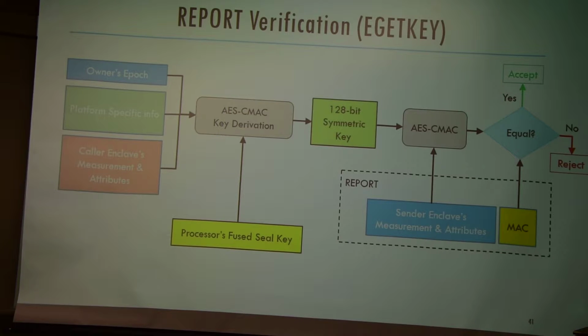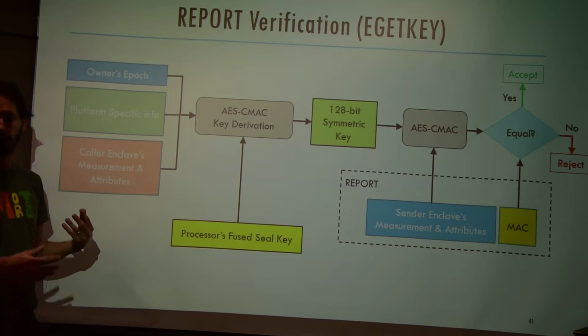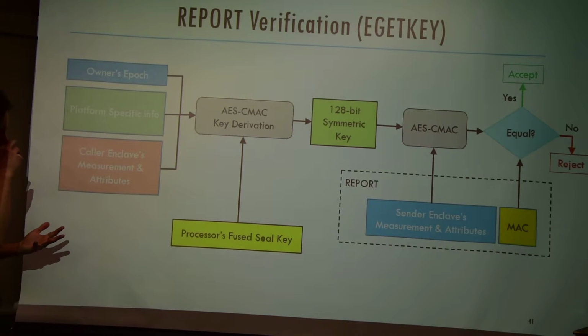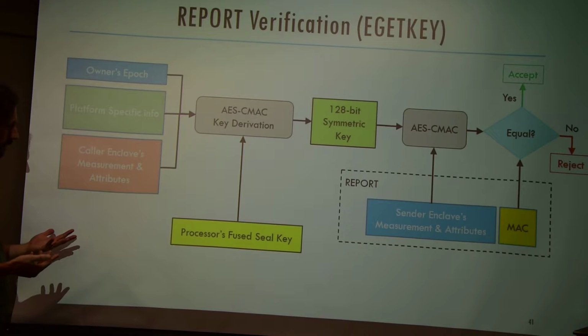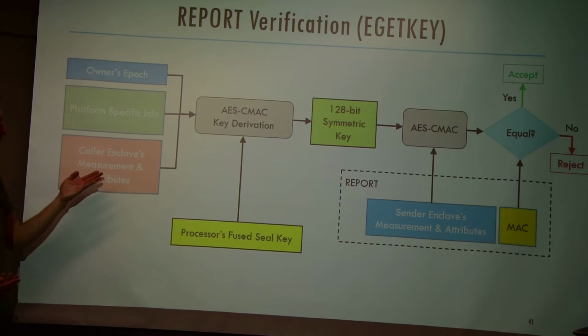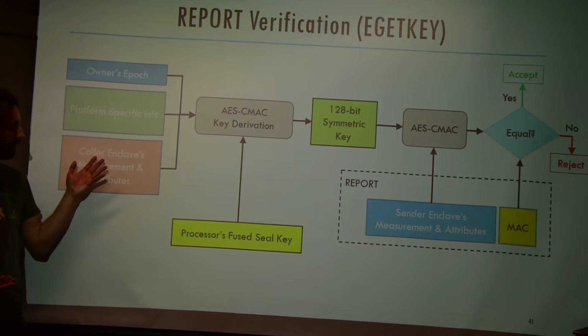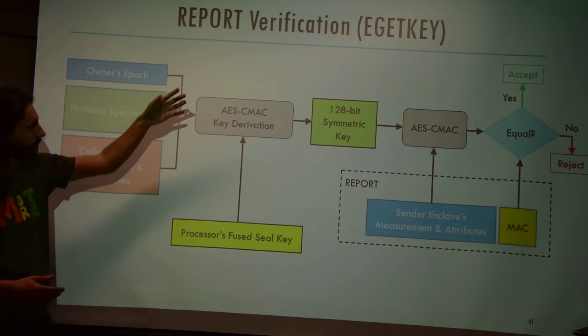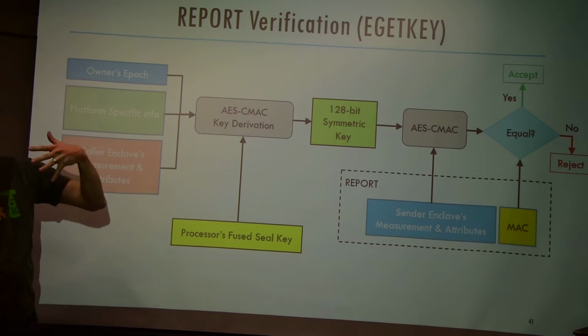So now let's have a look at one of the next slides, this one, where the target enclave is going to verify. The target enclave is calling EGETKEY and effectively the SGX hardware takes the fuse seal key, takes the identity of the target enclave. Oh, that is a mistake here. Then, okay, so here we should not mix up some things, but here the caller enclave of the EGETKEY functionality is in our example the target enclave, right?